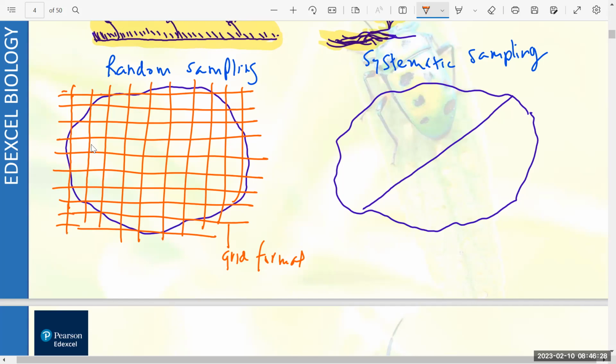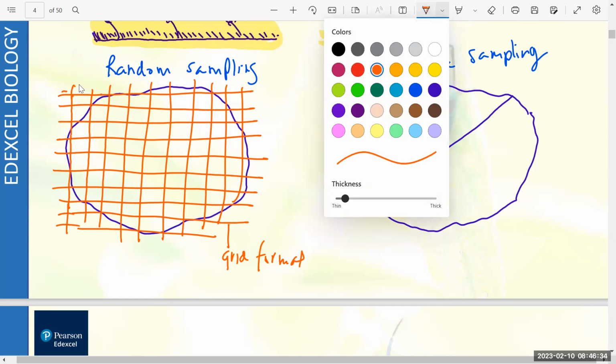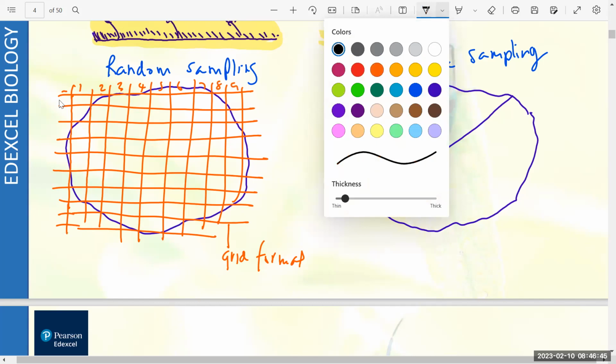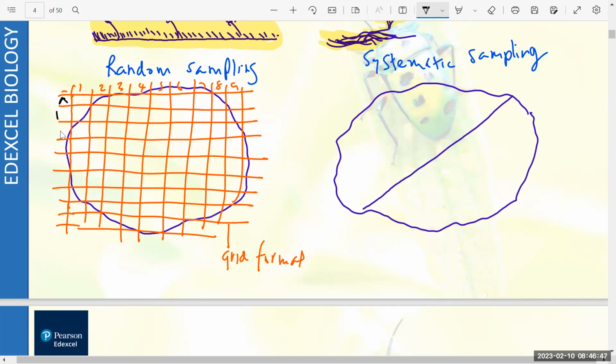For example, I label them 1, 2, 3, 4, 5, 6, 7, 8, 9 on one side, and on the other side A, B, C, D, E, F, G, H, I. Each coordinate now has a value.